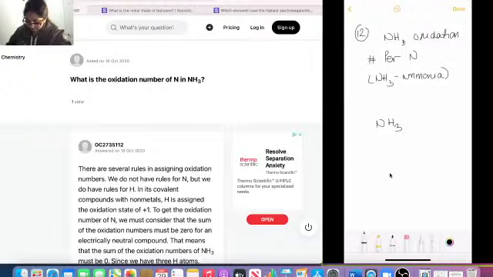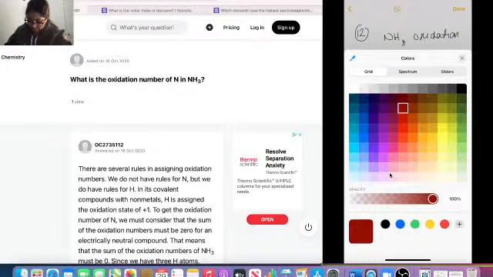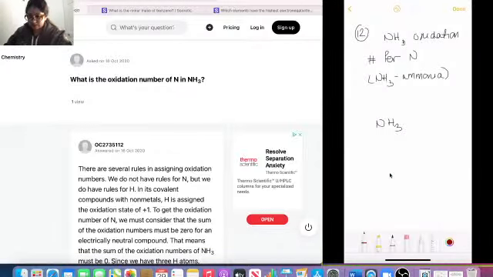So we can say here, NH3. One hydrogen atom has an oxidation number of +1.